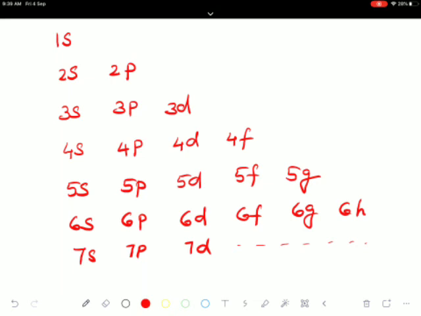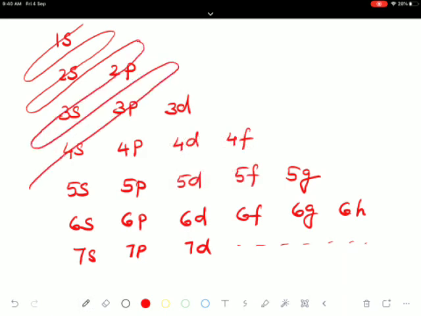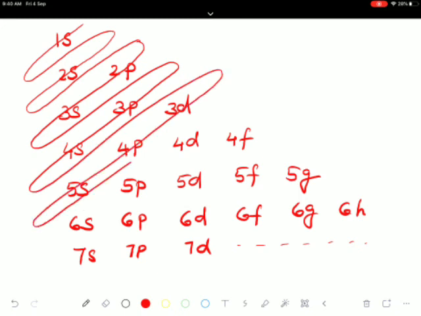Now draw like this: 1s, 2s, 3s. 1s, going through the middle, 2s, 2p, like this.